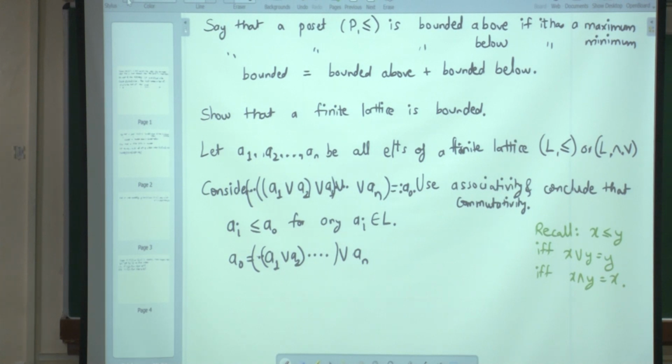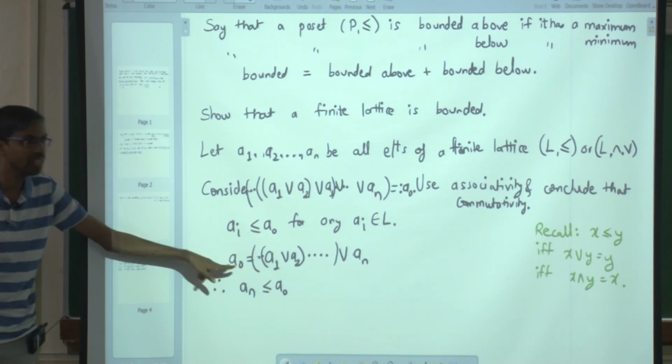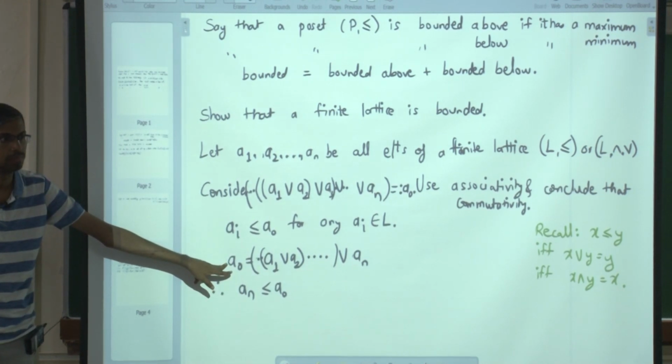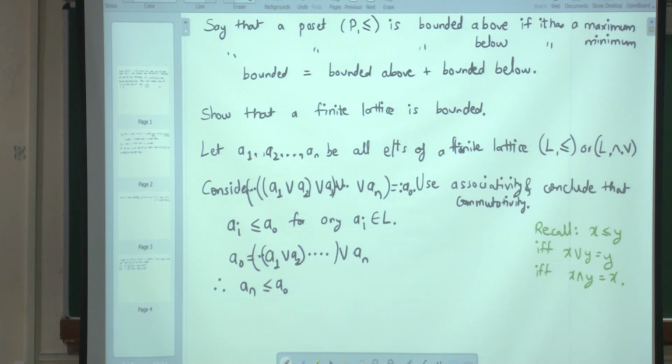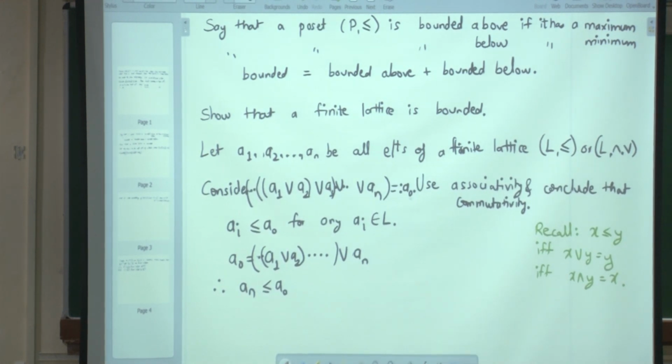A naught is this. Therefore AN is less equal A naught by definition of less equal. AN join something is A naught. So we are done for AN.